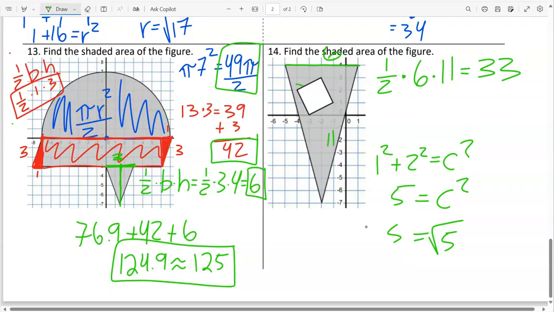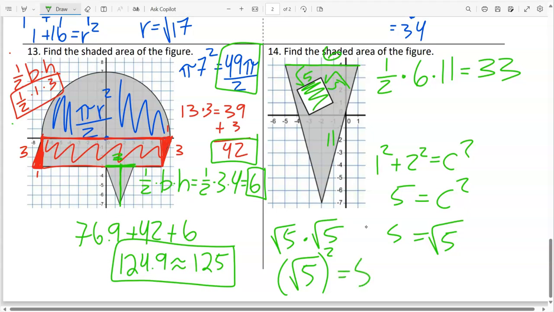Each side is equal to the square root of 5. So to find the area of this, we take square root 5 times square root 5, which is really square root 5 squared, which equals 5. So we do 33 minus 5 is equal to 28. Done.